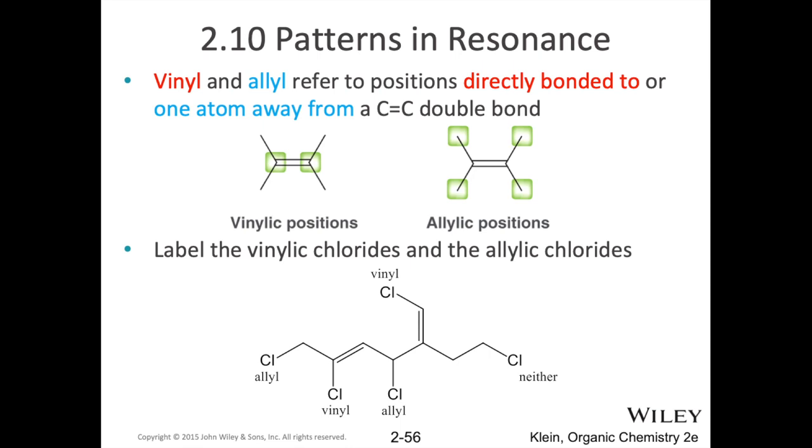If you paused and looked at this answer, you can see where our chlorines are either allylic or vinylic. Please note that this chlorine over here is neither. If you're looking at this double bond here, that's the vinylic carbon. This is an allylic carbon. This is one carbon past that, so that chlorine is neither allylic nor vinylic.